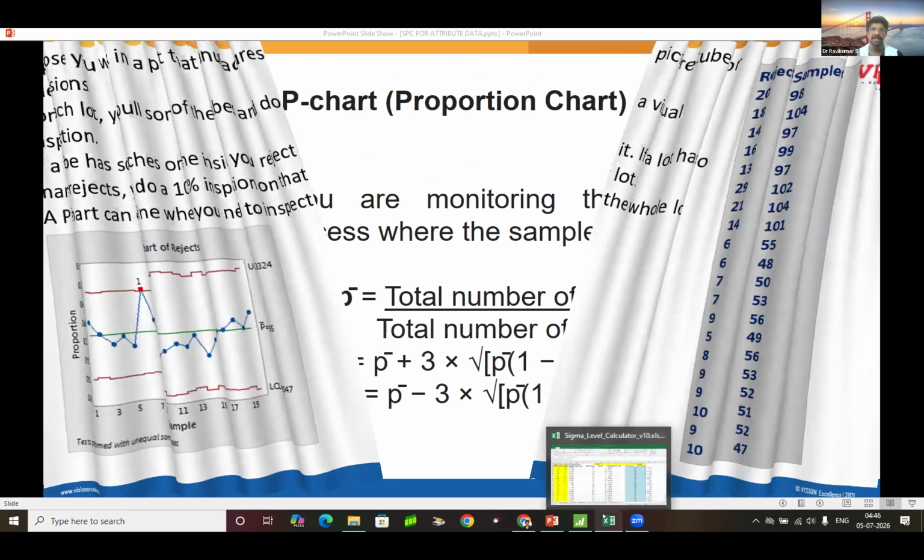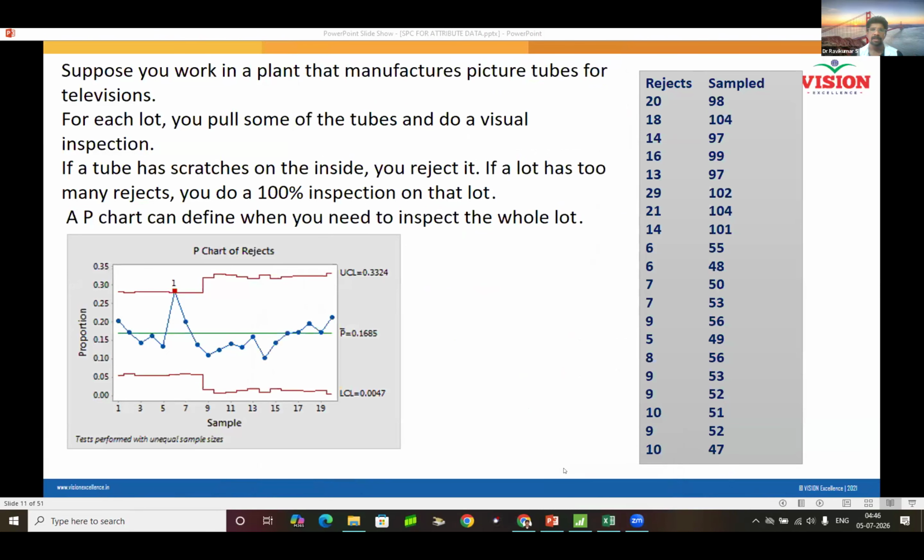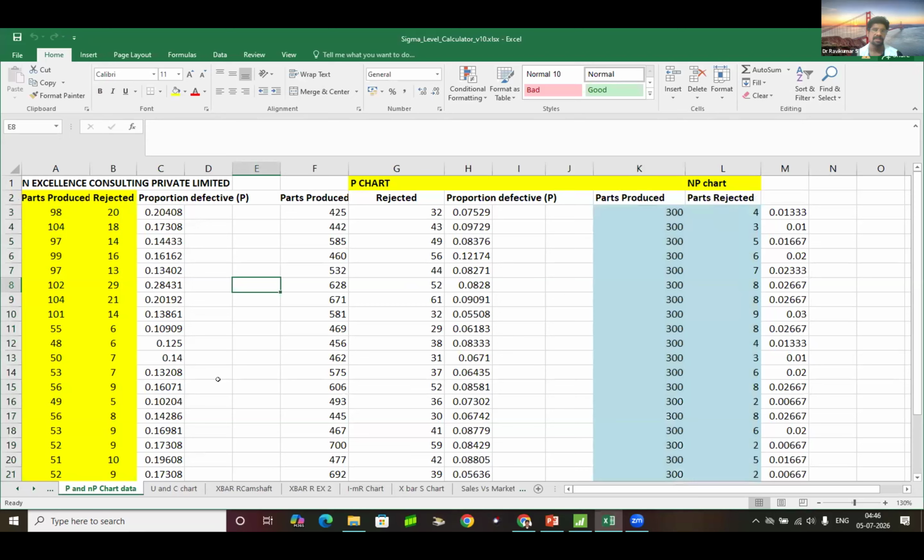All of you might have used this example, right? You have received this file, the Sigma level calculator. In that you have a sheet called P and NP chart.